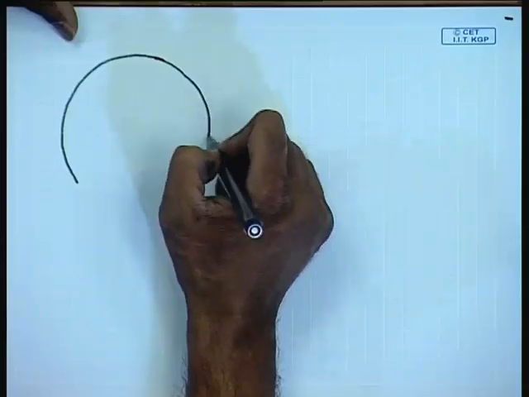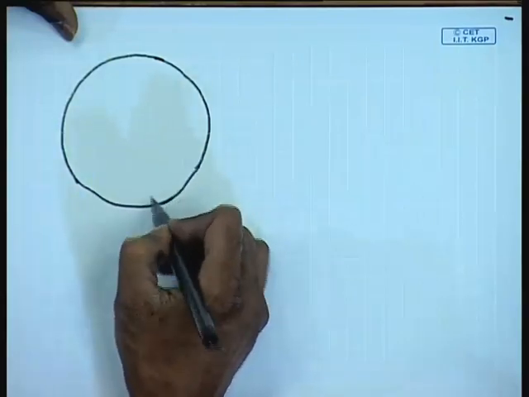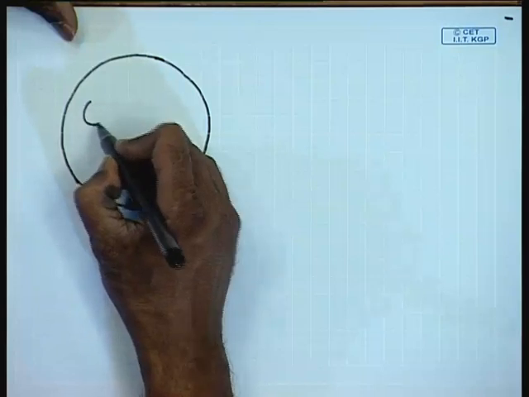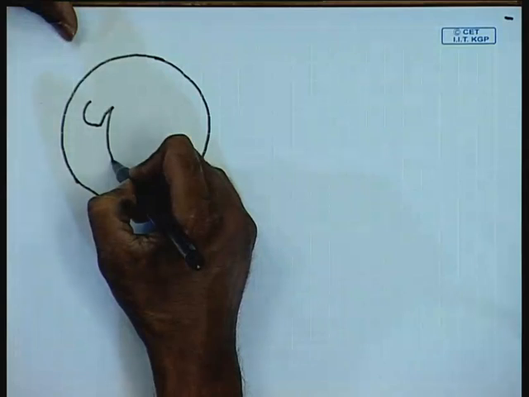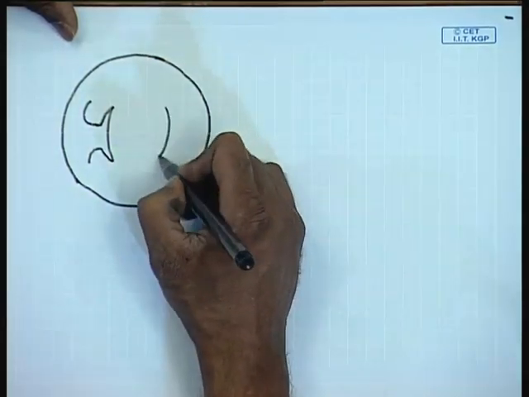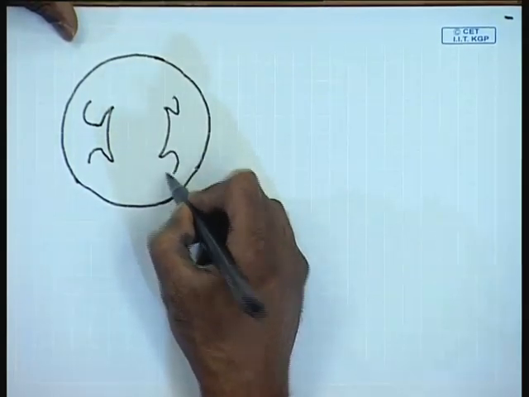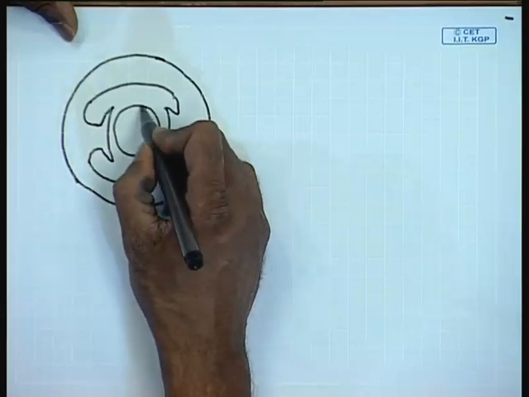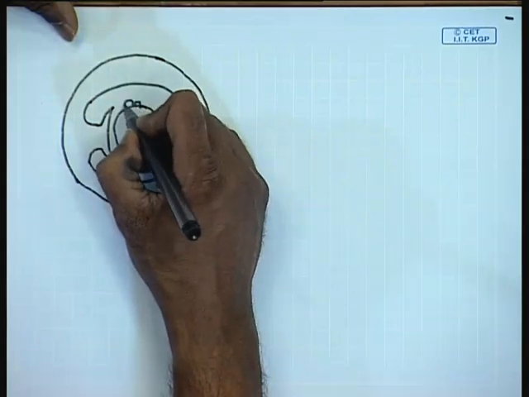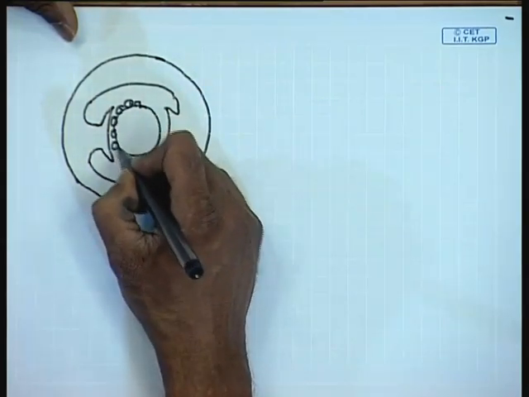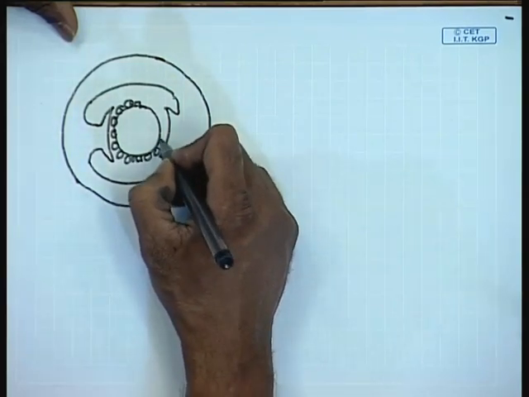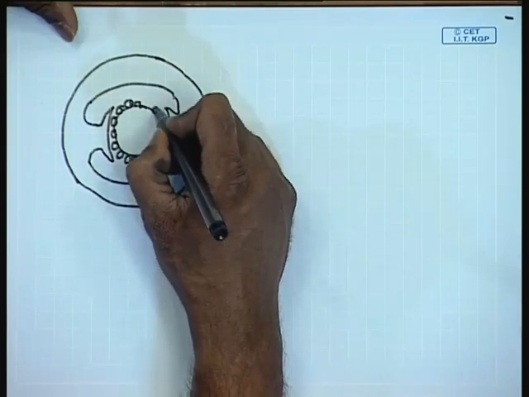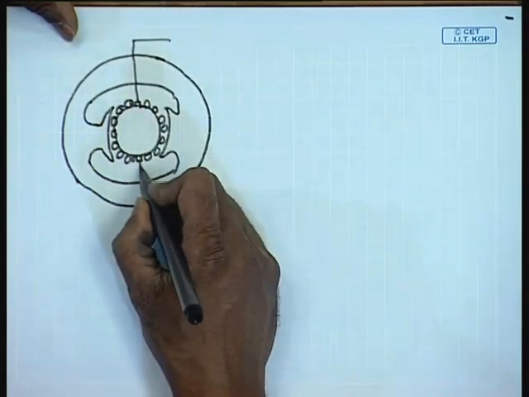The cross section of a 2-pole DC machine will look somewhat like this. These are the armature terminals.